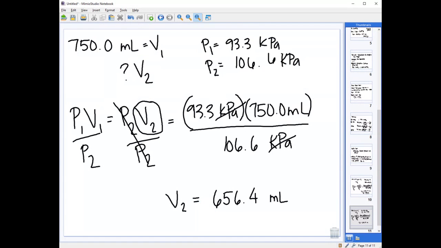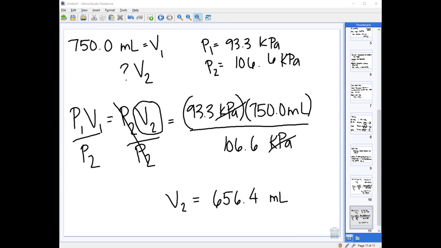Now, if we look at what happened here, pressure went up, volume went down. Does that make sense? Yes. When pressure increases, I should expect my volume to decrease, and it did.